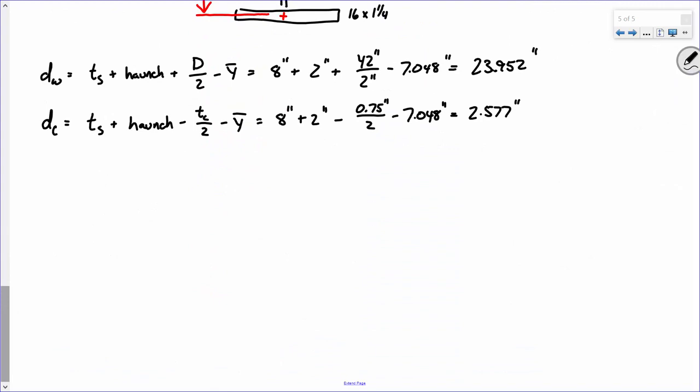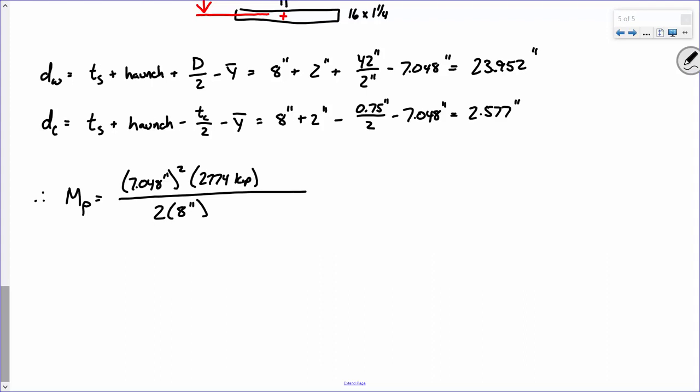Okay. So I propose that Mp equals, we got a little bit of plug and chug ahead of us, but we'll get there. All right. So we have Y squared, which is 7.048 squared times Ps, and Ps was 2774 kips, right? And then 2 divided by 8 inches.